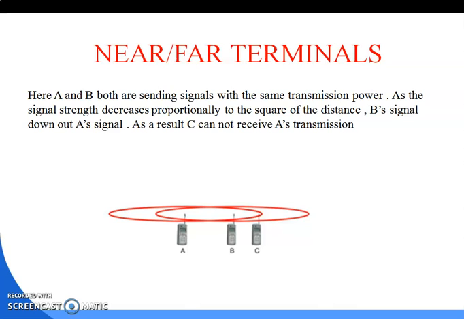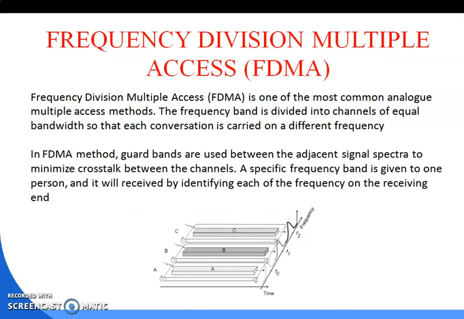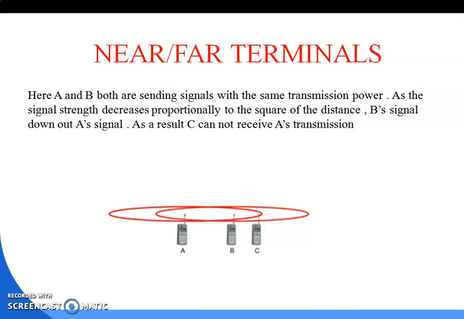As the distance increases, the terminals are unable to connect among themselves. So this is the near and far terminals problem. In the near and far terminals problem, A is a device, B is a device, and C is a device. Among these three devices, B and C are communicating with each other.